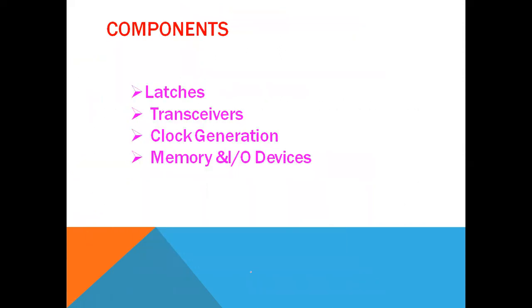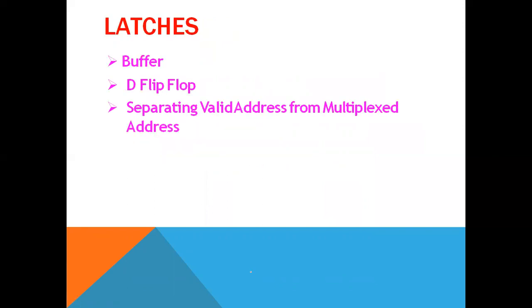It supports four different types of components: latches, transceivers, clock generation, and memory and I/O devices. What is a latch? A latch acts as a buffer. Compared to a flip-flop, a flip-flop is executed with the help of clock pulses.